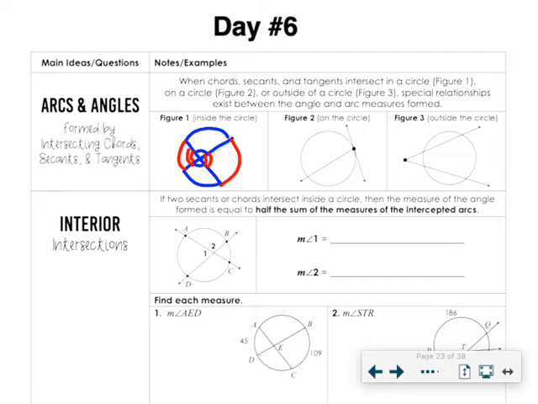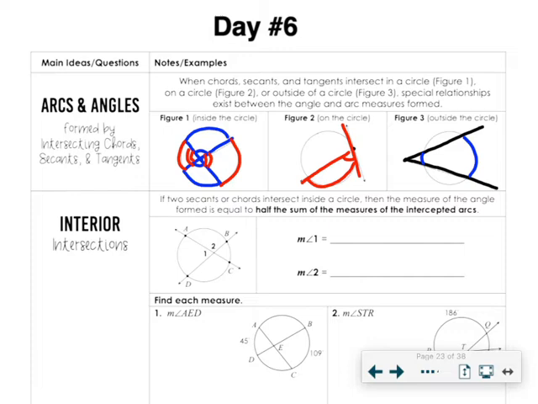They could intersect right on the circle, and then there's a relationship between this angle and this arc that we're going to explore, or they could intersect just outside of the circle, and then there's a relationship between this arc and this arc, and we'll have to look at that one too.